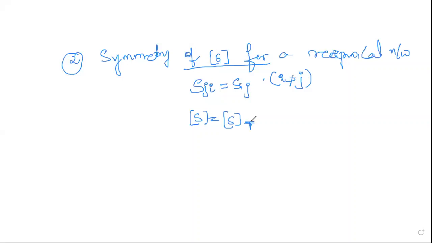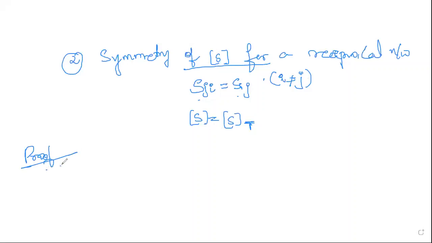If you write it in terms of scattering coefficients, it will be like this. Now you have to prove the symmetry property that Sij equals Sji, or matrix S is equal to S transpose.